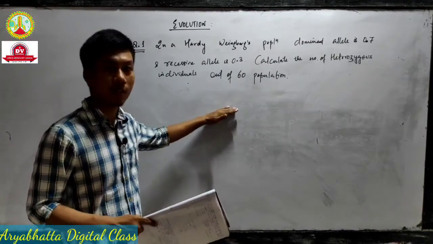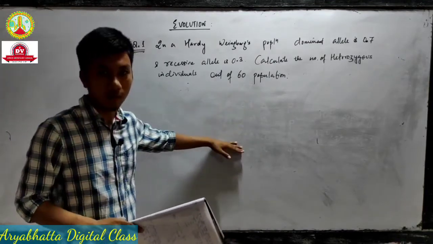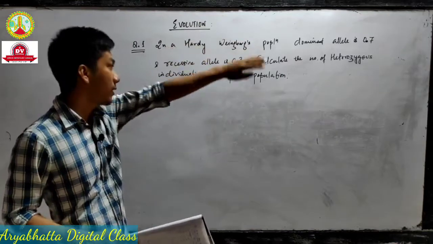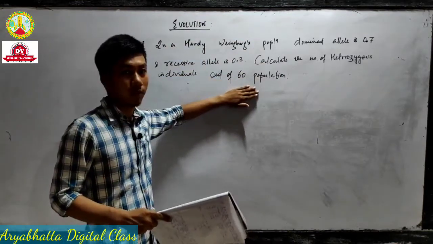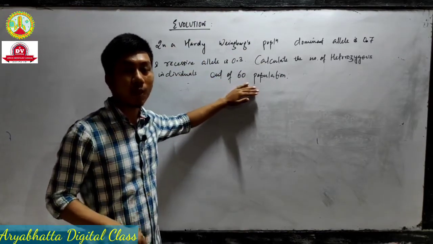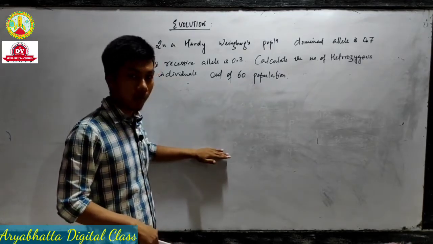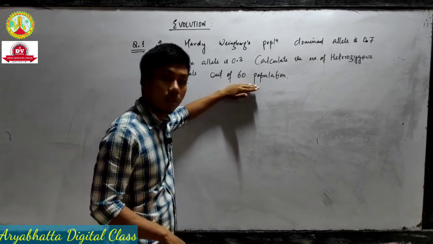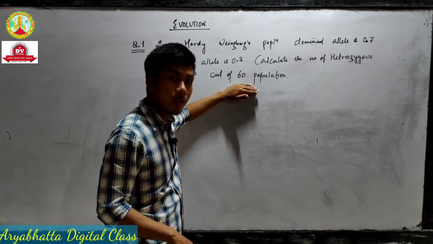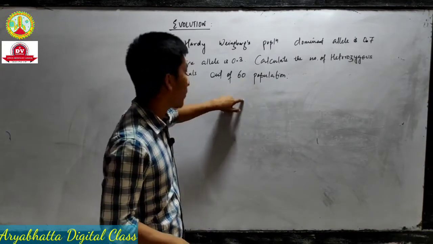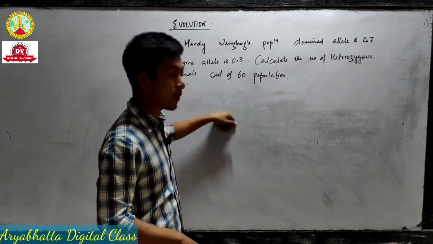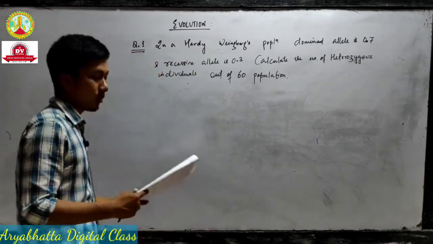So whatever value you got, multiply it with 60 divided by 100, and you will get your answer.